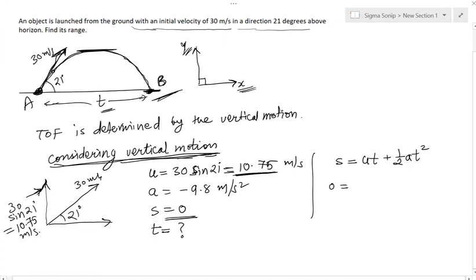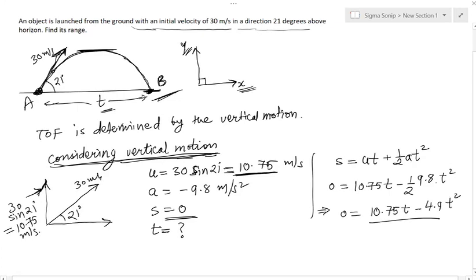Substituting these quantities, I get s equals 10.75 t minus half times 9.8 times t square, which will become 0 equals 10.75 t minus 4.9 t square.